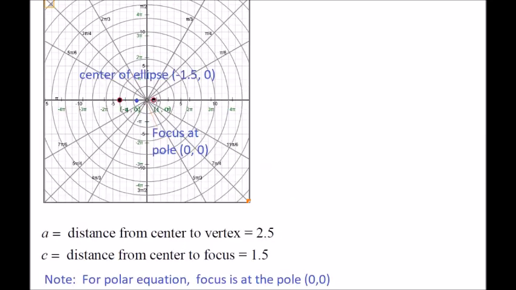And so we have an ellipse that's going to be elongated horizontally like this. Since the vertices are here and here, the directrix has to be somewhere over here, to the right side of the pole, and the directrix has to be vertical.